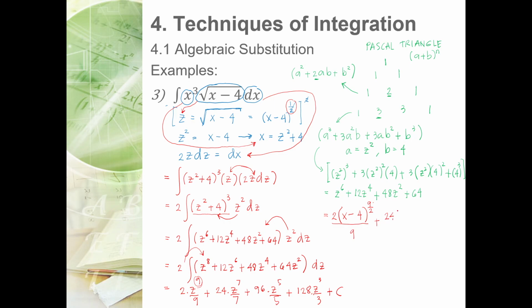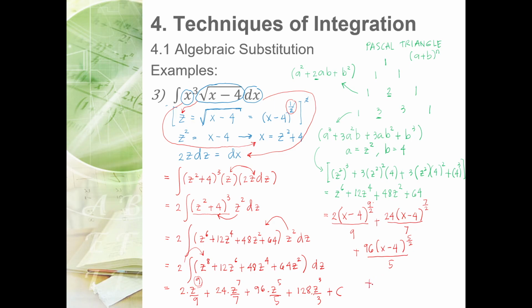Then plus 24 times x minus 4, so this will give us 7 halves over 7, plus 96 times x minus 4, then this will give us 5 halves over 5.